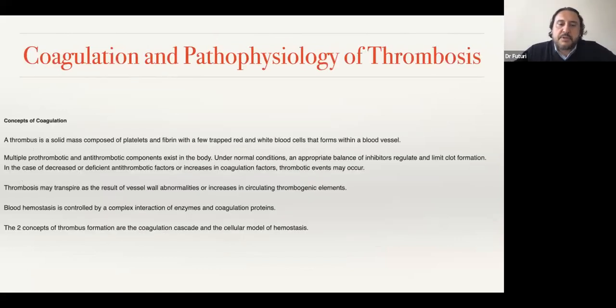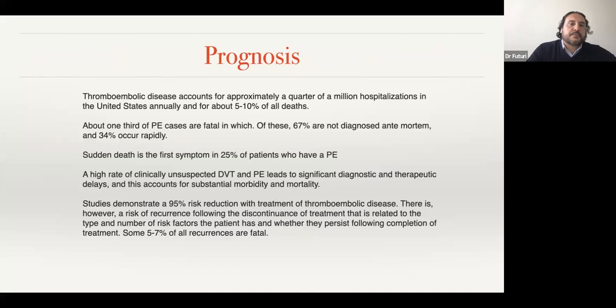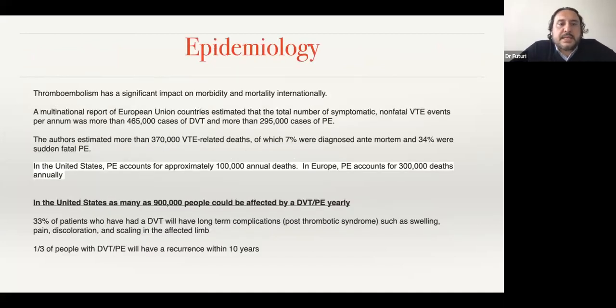And so I have a little bit of information here on the cases based out of the European Union, in which in a particular year, they see about 465,000 cases of DVT and approximately 300,000 cases of pulmonary embolism. And of these, about 370,000 VTE-related deaths were seen.